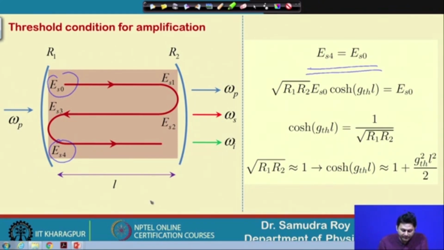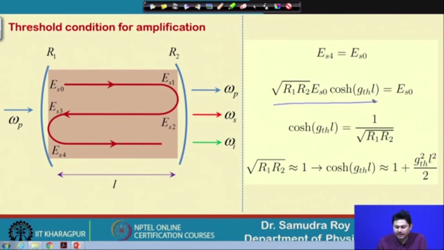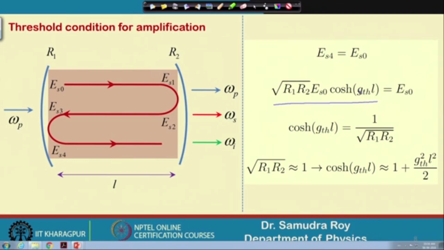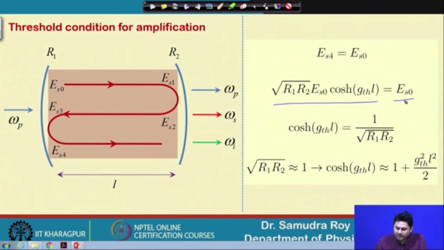But in order to amplify, as I mentioned, ES4 has to be greater than ES0; equal to is the condition which we call the threshold condition. So, when I put this value, because ES4 I derived and it is this, and when I equate these things, I write G threshold, because G is now replaced by G threshold. So, this is equal to ES0.